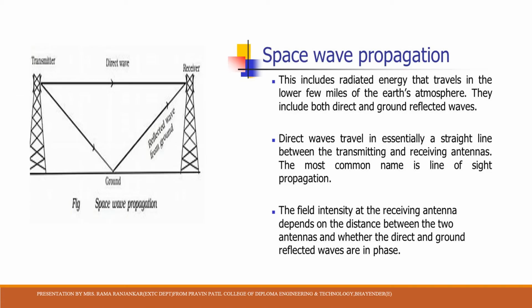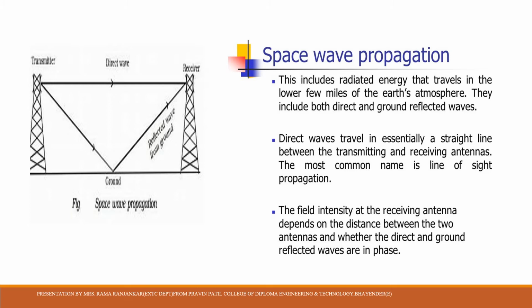Now another terms related to space wave propagation. This slide defines the meaning of direct wave and reflected wave. Space wave propagation includes radiated energy that travels in the lower few miles of Earth's atmosphere. So it includes both direct and ground reflected waves.